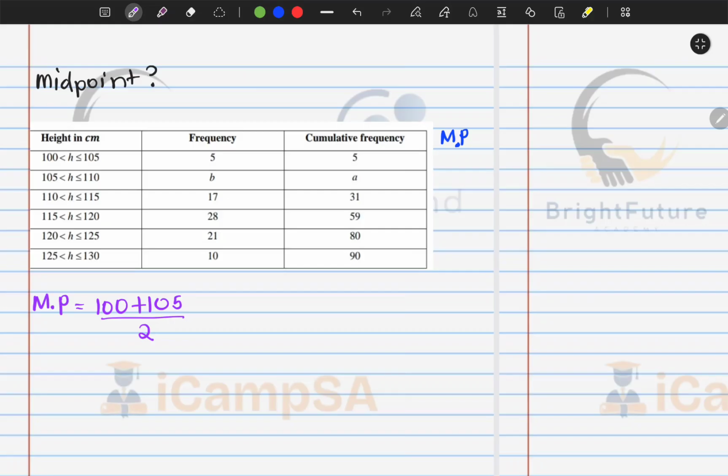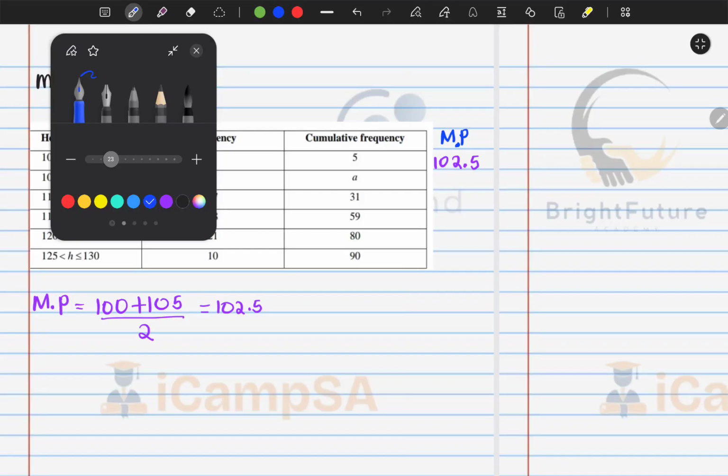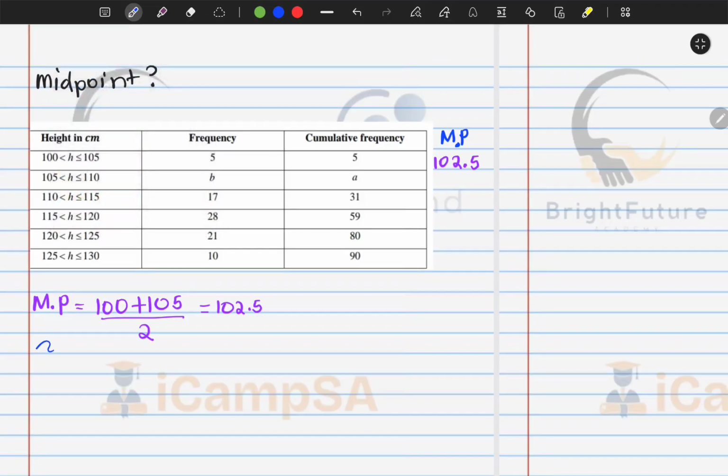So you have 100 plus 105, divided by 2, and what we end up getting is 102.5. So we put 102.5. Then you find the next one, where you are still looking at your midpoint.